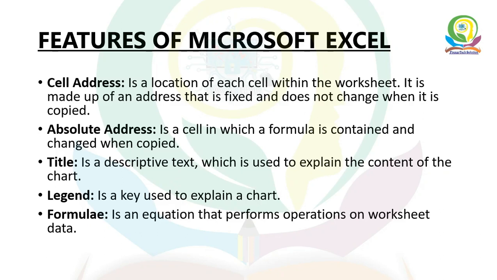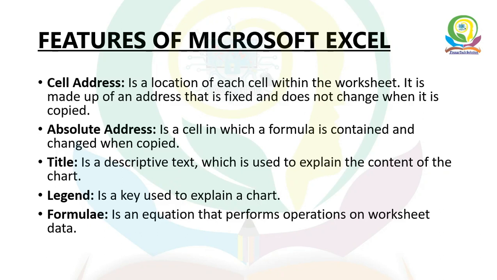Now, another feature that you'll be seeing is the cell address. You see something like the cell name. When you're talking about the cell address, it is the location of each cell within the worksheet. It is made up of an address that is fixed and does not change when it is copied.